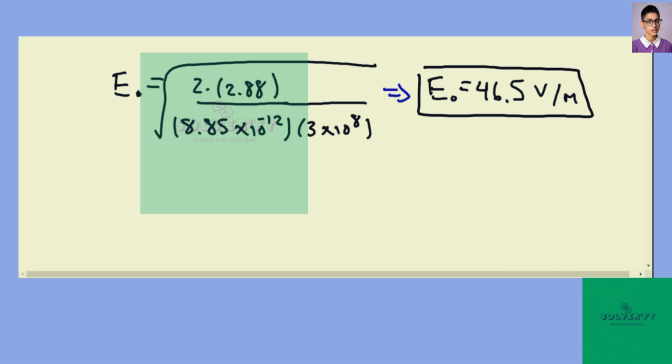Now that we have the electric field, we can easily find the magnetic field because we know the speed of light c is equal to the electric field divided by the magnetic field. So now we solve for the magnetic field, and we get the electric field divided by the speed of light.